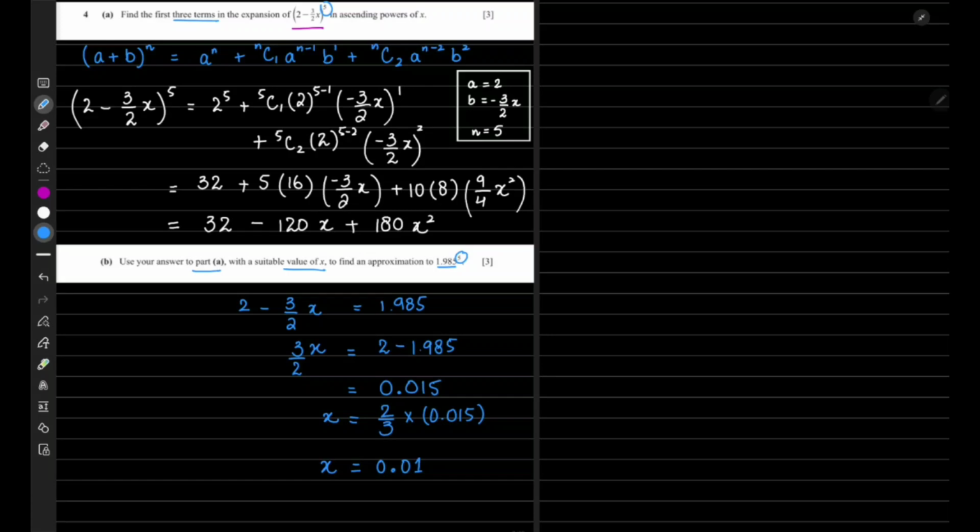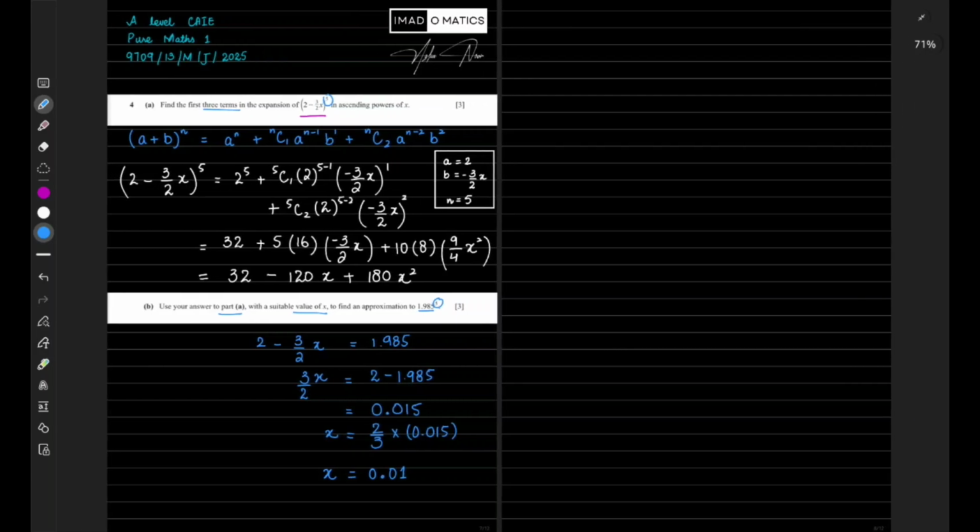So if x is equal to 0.01, then you can write it as 2 minus 3 over 2 times 0.01 equals 1.985. So first we have found the suitable value of x.